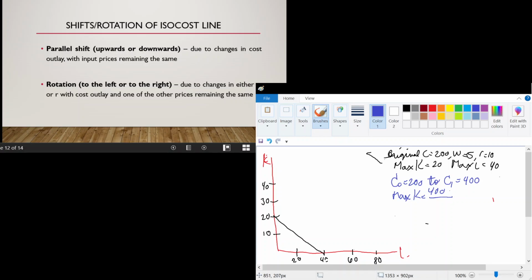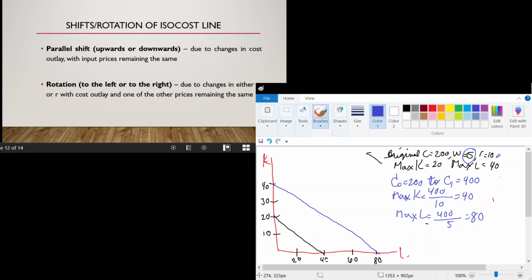So, 400 divided by yung original pa rin na rent natin, 10. So, we have 40. Yung maximum L naman natin ngayon, 400 divided by 5. Ito pa rin siya, hindi nagbago. So, it will give us 80. Okay, so, mangyayari ngayon, ito na yung isocost line. Okay, so from here, naging dito siya.